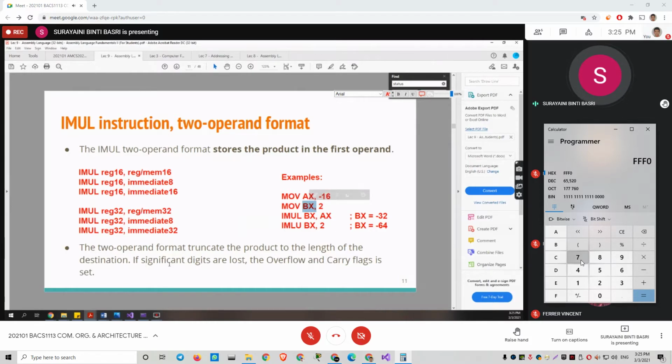Okay, so if the significant digits are lost, the overflow and carry flags are set.